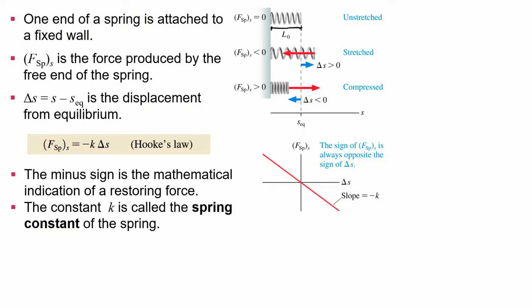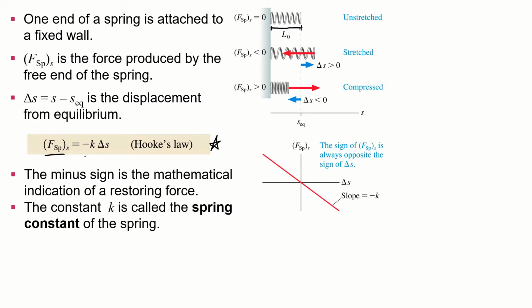You attach it to a wall and it sits there relaxed at some length L. If I stretch it some delta S to the right, that spring wants to pull back to get to that equilibrium position. If I compress it and make it shorter, it's going to push the opposite direction and try to push back to equilibrium.